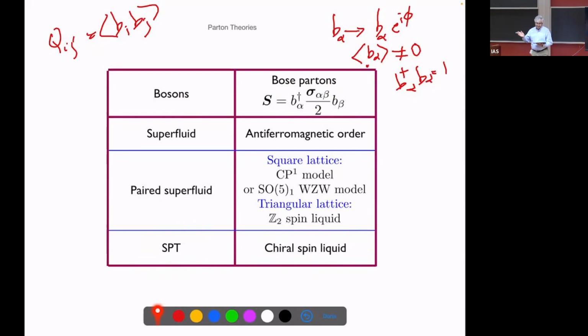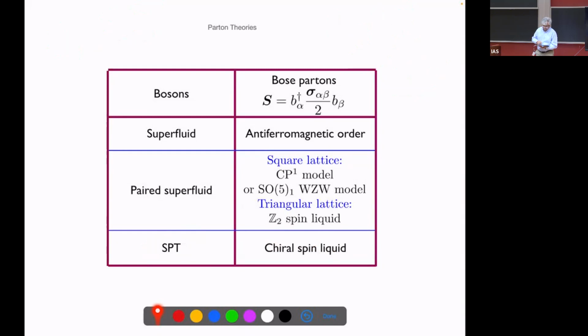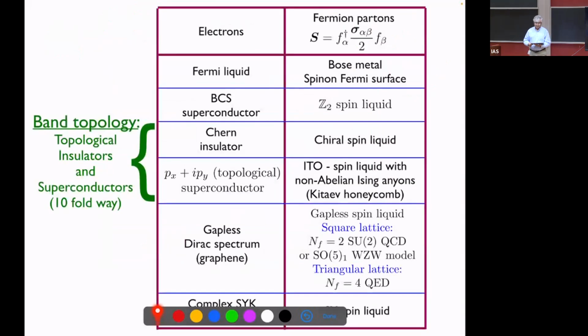But this is a complicated construction and seems not worth the trouble. Why introduce partons if the theory is complicated in terms of partons too? You want to choose partons in a way that you simplify the theory, not make it more complicated. So I won't really say anything about that. Okay, however, with fermions, we find that hold the floodgates.